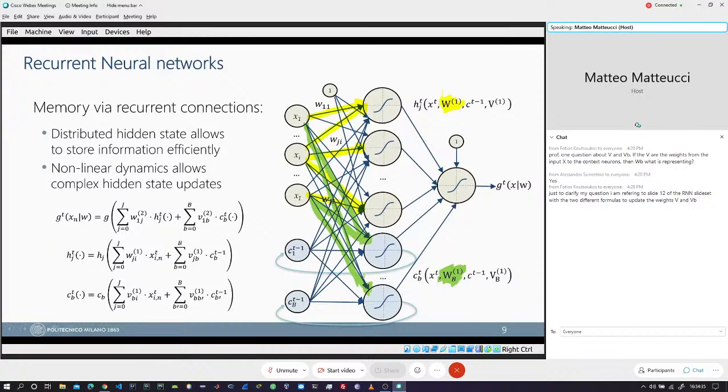Then we have some other weights, which are the weights influencing the current state from the previous state.